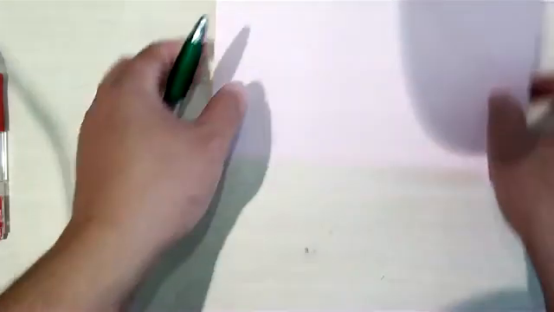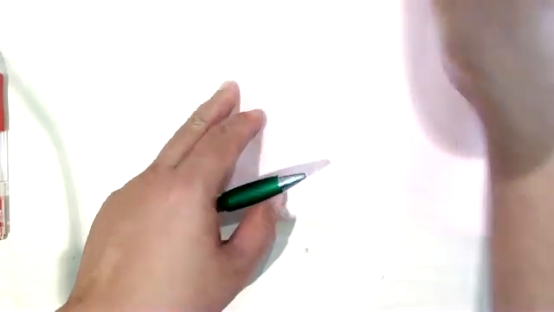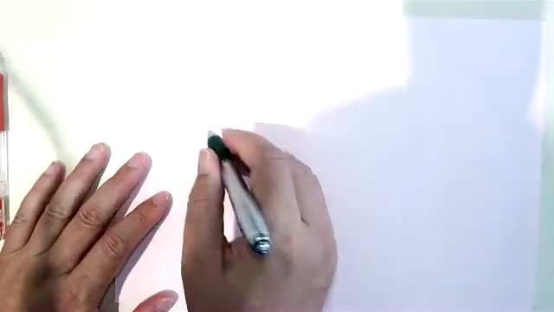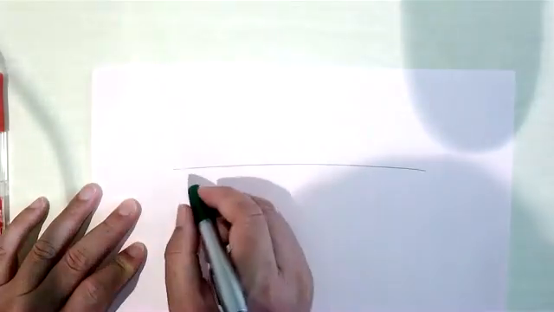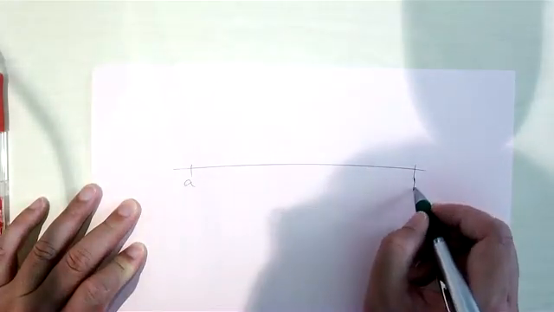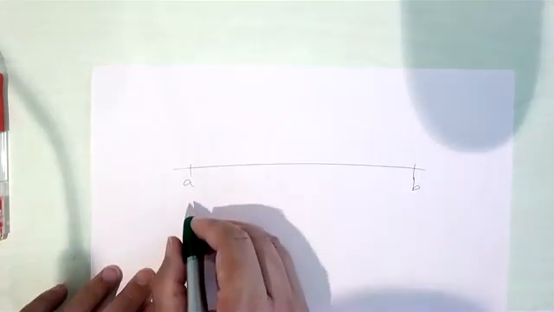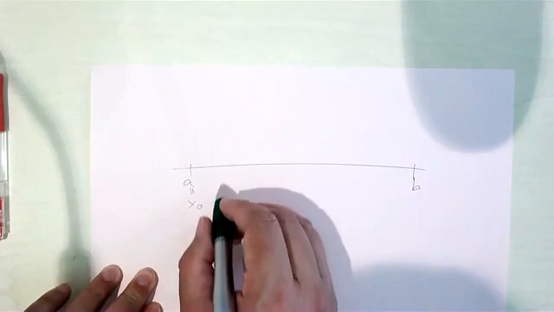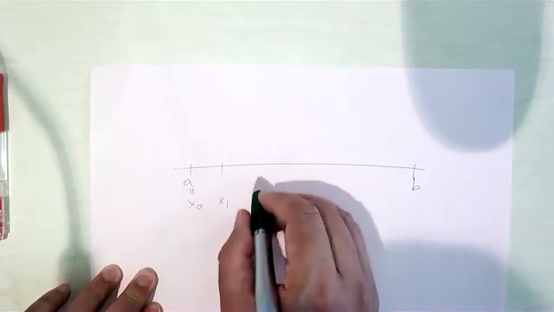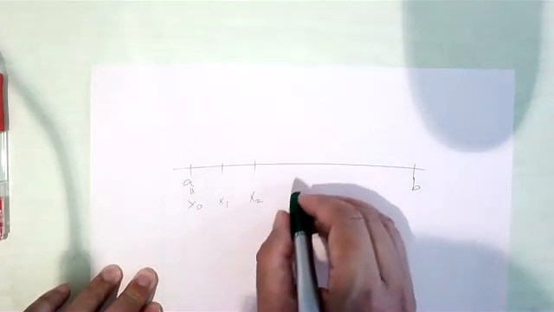We have A and B like this, and this one is x0, and you have x1 and x2 and so on.